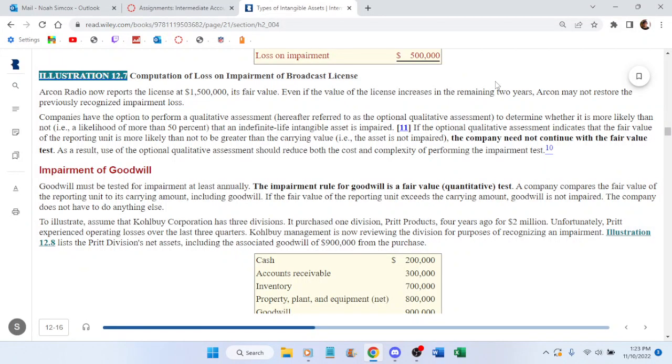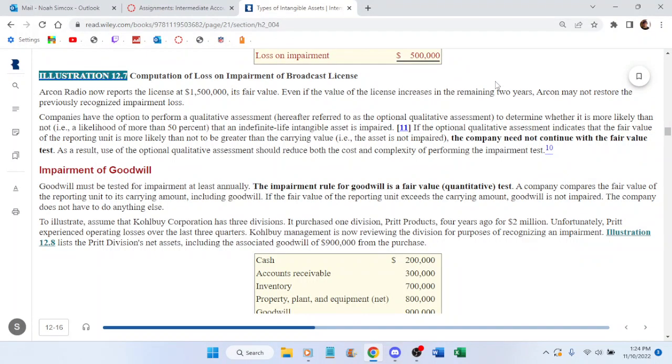They can do an optional qualitative assessment to determine whether it is more likely than not, that is, a likelihood of more than 50%, that an indefinite life intangible asset is impaired.